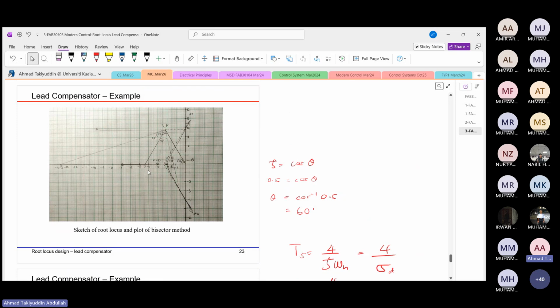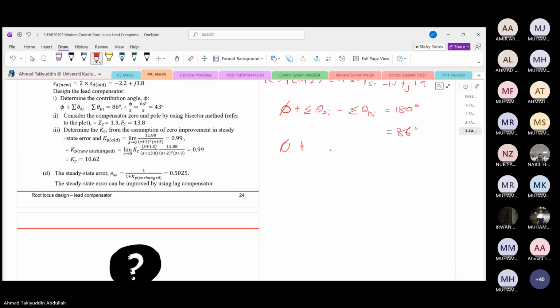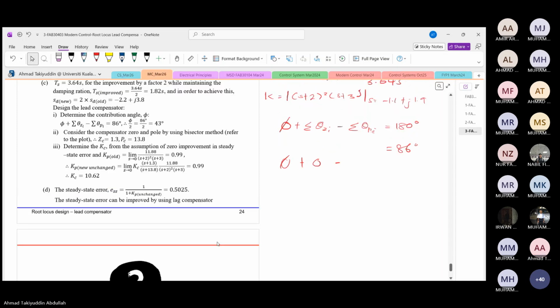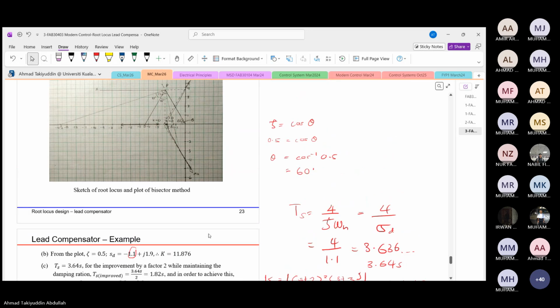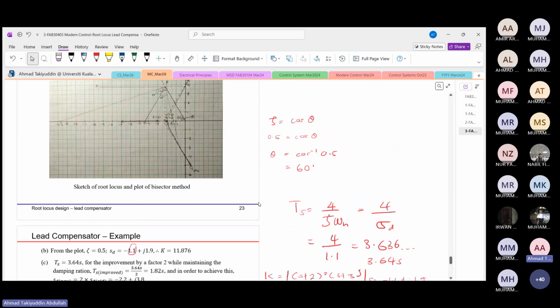Is there any zero in our plot? No. So it will be 0 minus what's going to be next? The summation of poles angle.